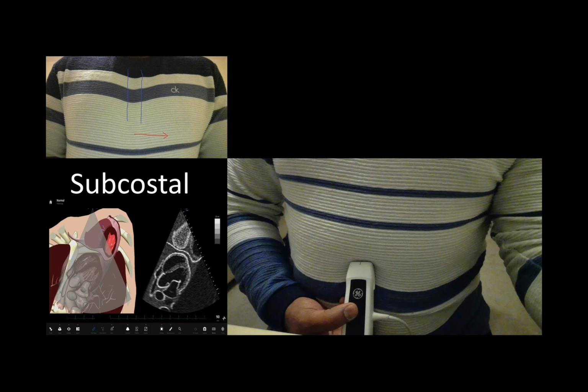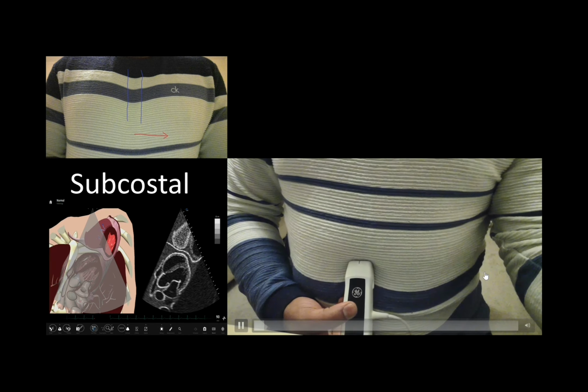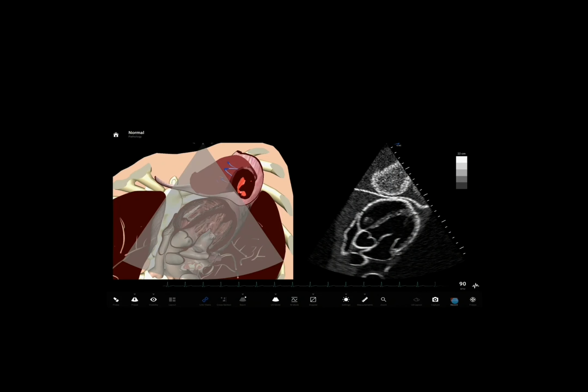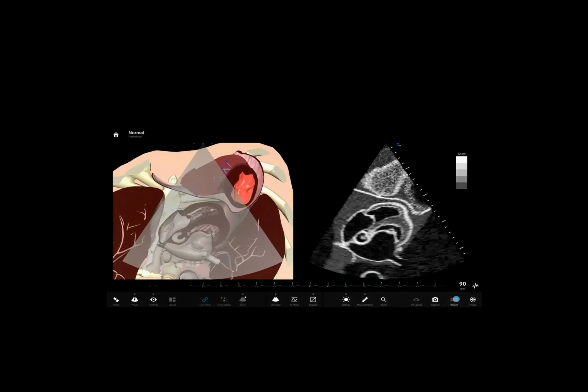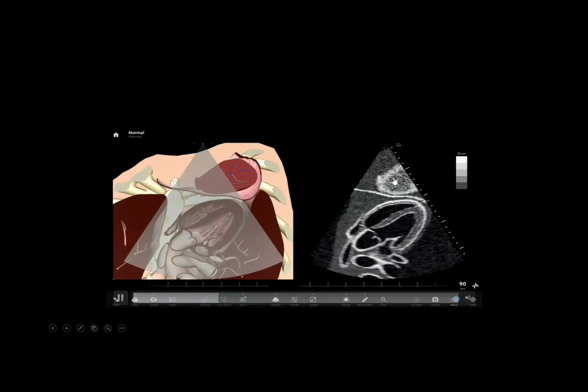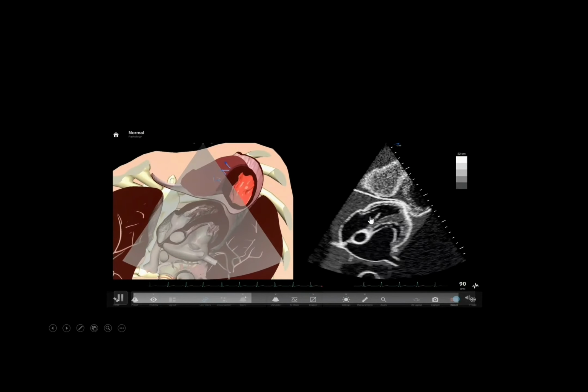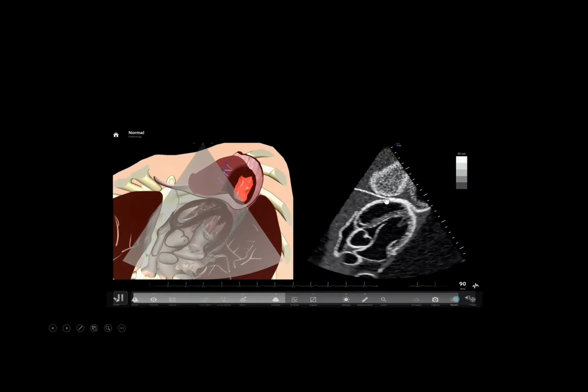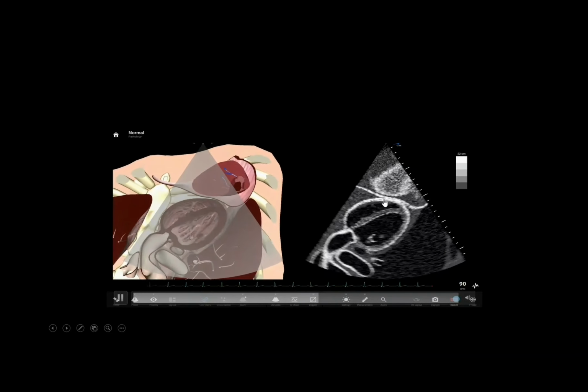Subcostal views. The probe marker towards the patient's left. You're looking at the heart through the liver acoustic window. You will see the right ventricle resting just above the diaphragm.